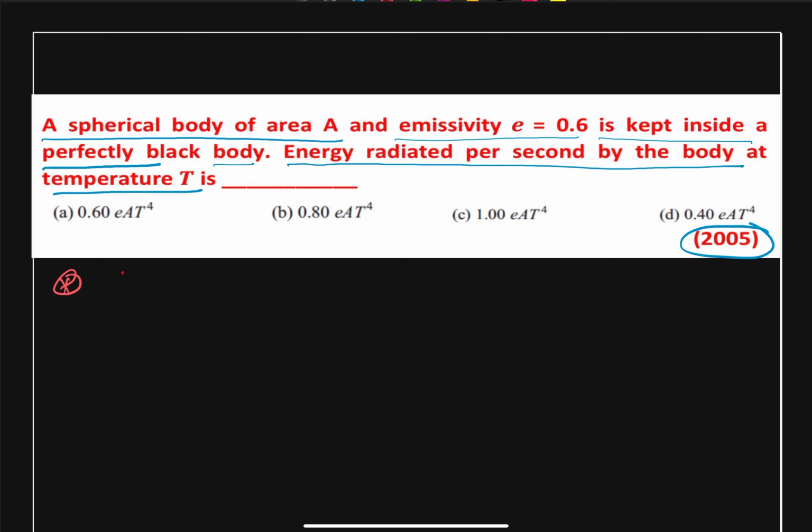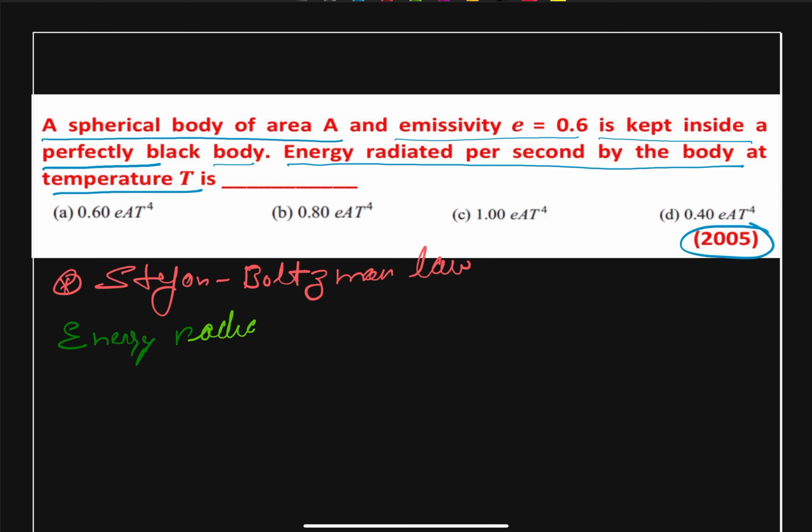Stefan Boltzmann law says that the energy radiated per second, which is P, is equal to emissivity, Boltzmann constant, area, and the fourth power of the temperature.